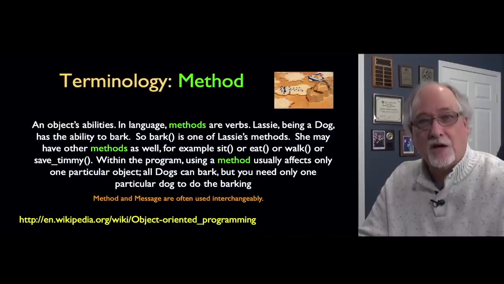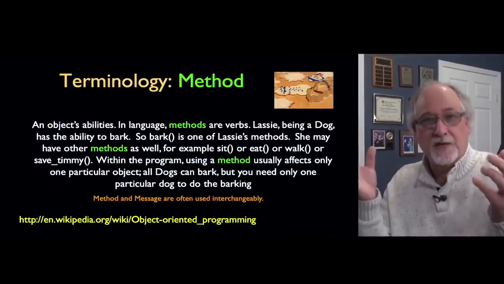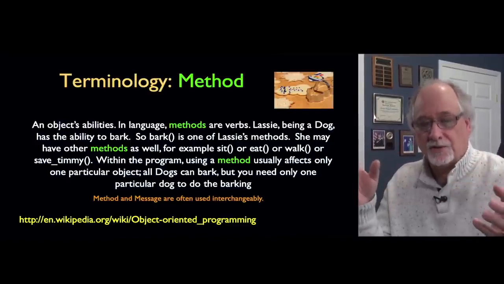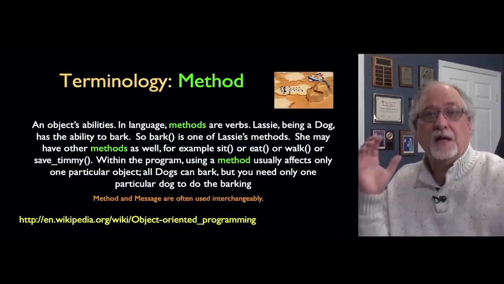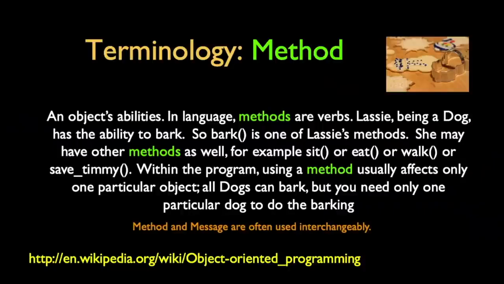Now, the methods are the code. In classic programming, we think of algorithms and data structures. Data structures are the shape of data, and algorithms are the shape of the code, the way the code is made to work. The methods are the algorithms that make up the code part of every object. Every object has code and data, and often the code works on the data that's inside the object.